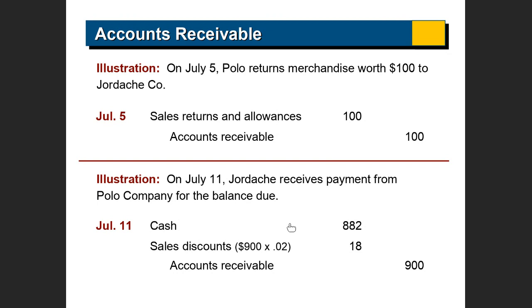Now, your question is, can the discount ever decrease? Can it ever decrease? Anything can increase and decrease because we have something called adjusting entries, which are used to adjust that which is not correct. Remember adjusting entries?